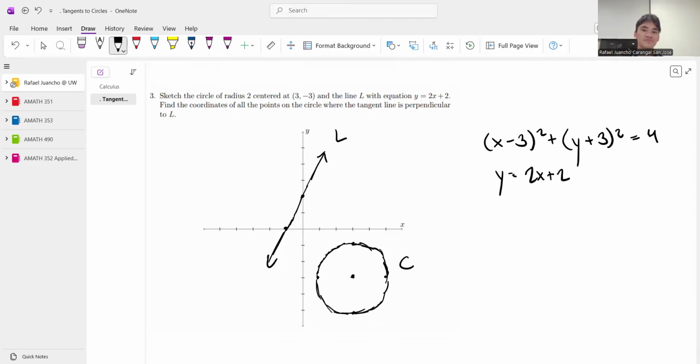Well, first I would need the perpendicular line. So what it's telling us is it wants a line on the circle, kind of like this, a line like this, and it's perpendicular to L. So what it's actually wanting us to do is find two tangent lines, mainly this and this, and this is 90.